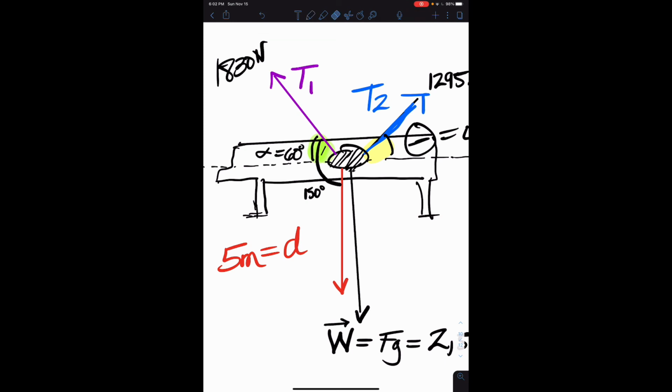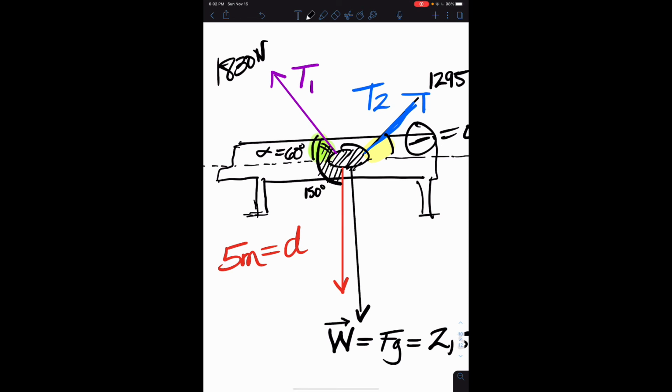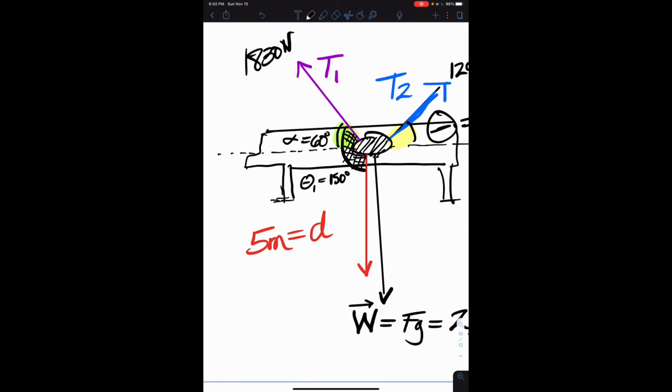I'll just leave that little mark there I was trying to make. So this angle right here is 150 degrees, and this is our theta, we'll just call this theta 1. Theta 1 we're going to use to get the work done by T1.